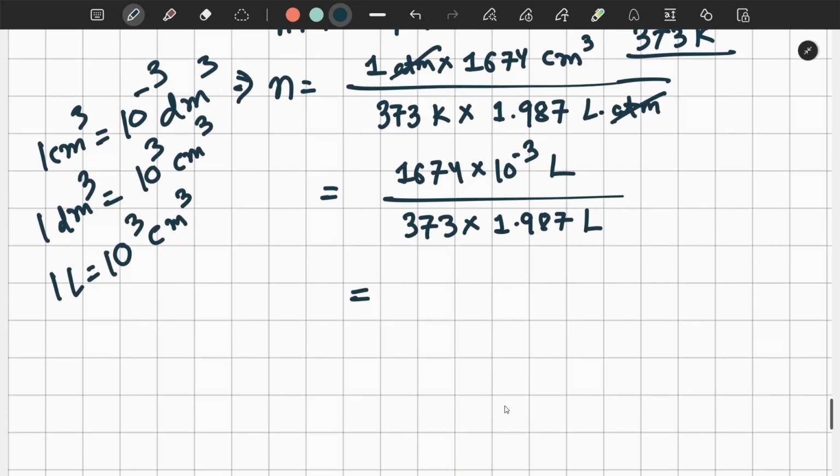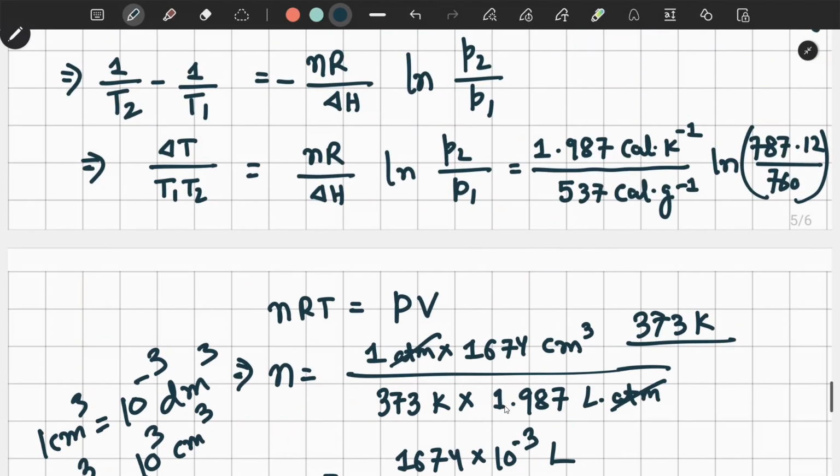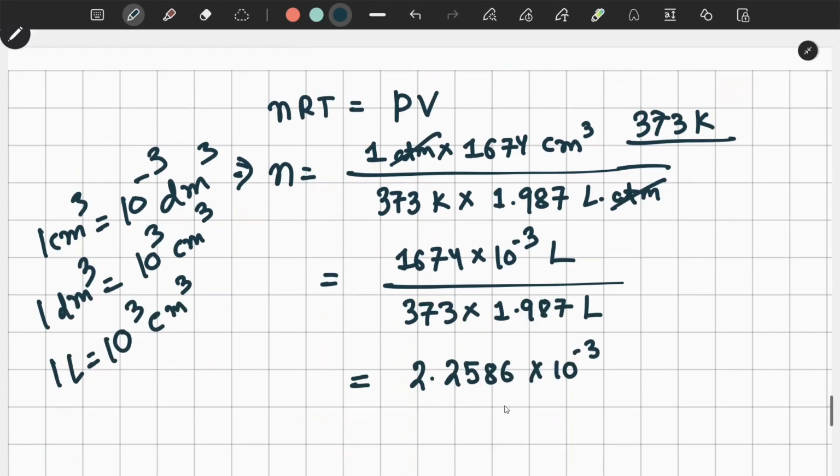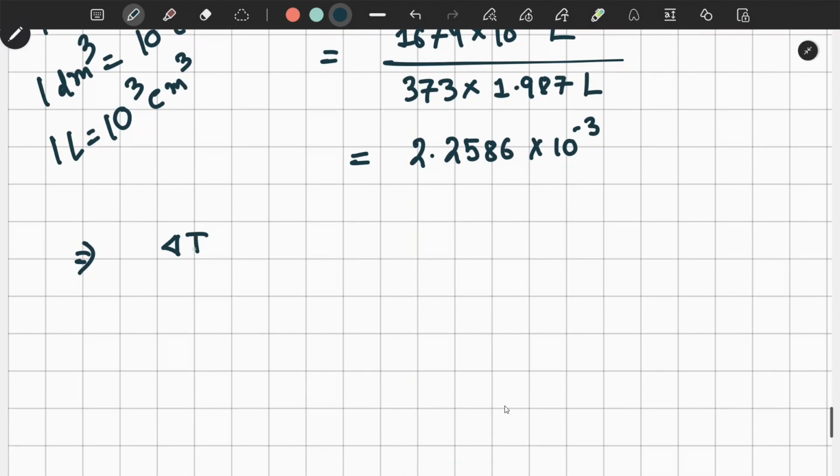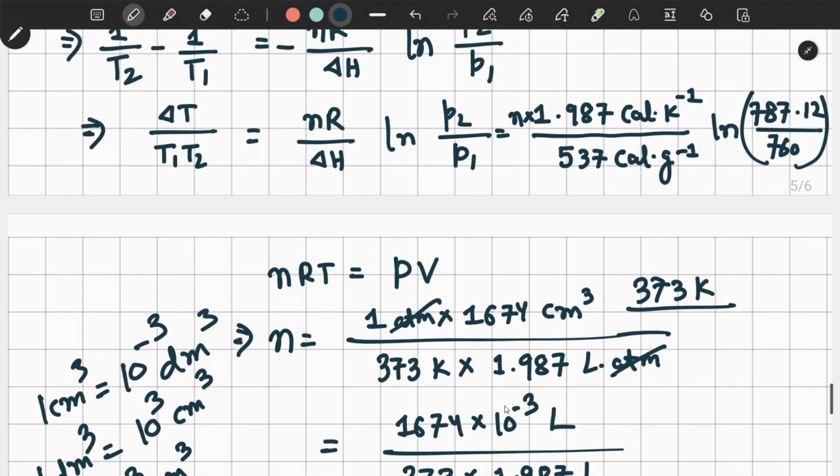We are getting 2.2586 into 10 to the power minus 3. So obviously there will be a huge difference. So this n will be important. Then we have to multiply it with n. So just do the calculation. Take ln.